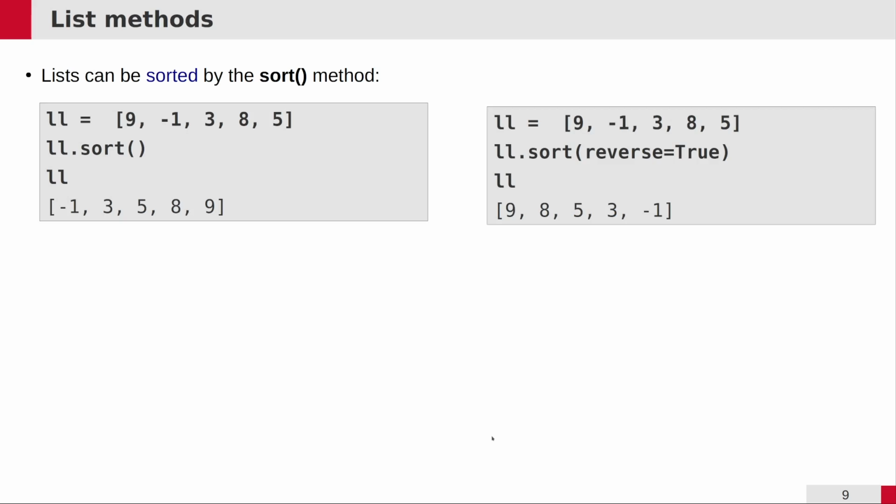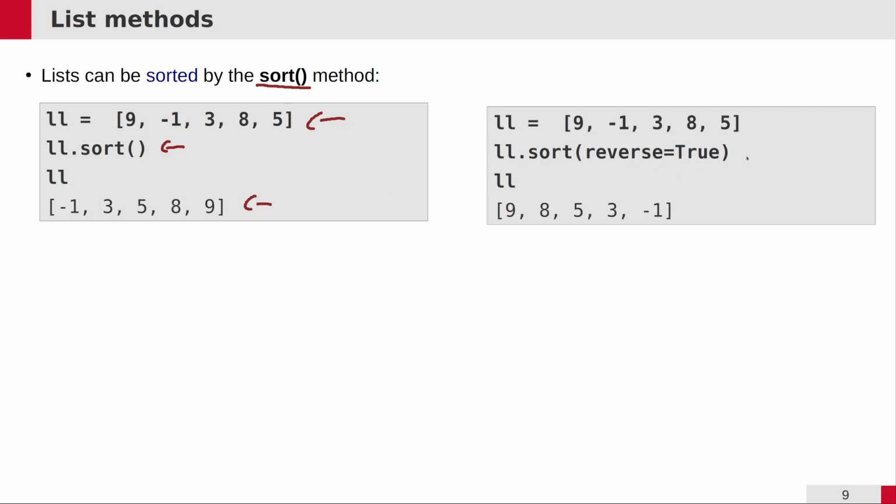However, one thing I would like to note, because we will maybe use it in the exercise, is the so-called sort method, where you can sort a list. The sort is also an in-place method, which means it manipulates the content of the list. So for example, if we create a list LL and then invoke the sort method of LL, the content of LL will be changed and it will contain the items in sorted order.